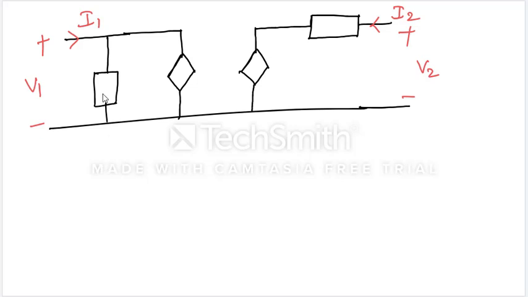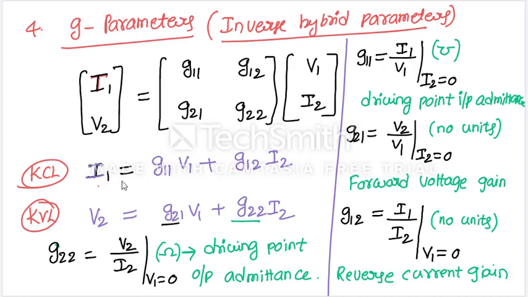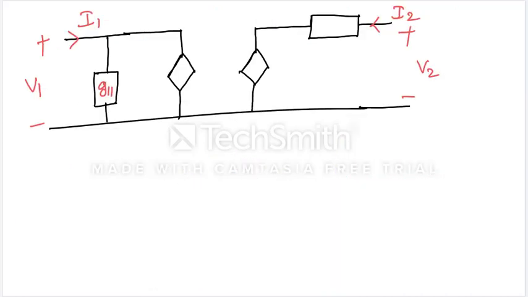Now tell me, this is G11. See this: the sequence must be I1 equal to G11 V1 plus G12 I2. Yes, this is correct.